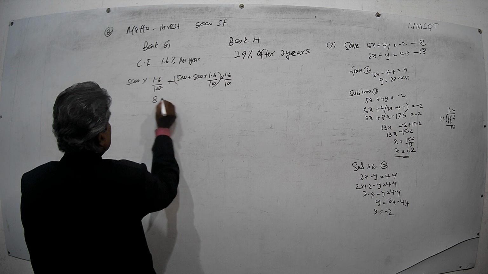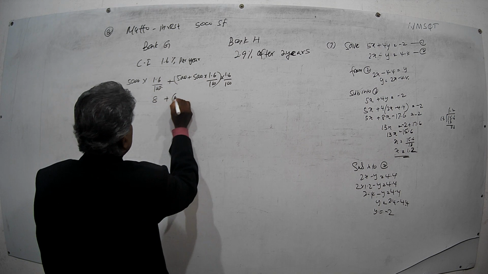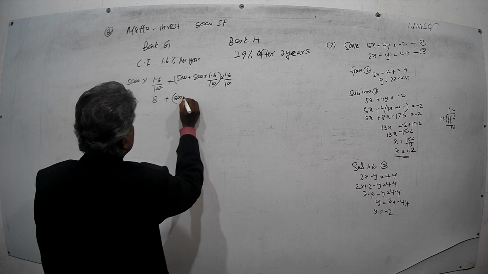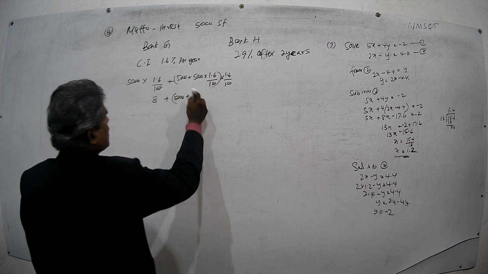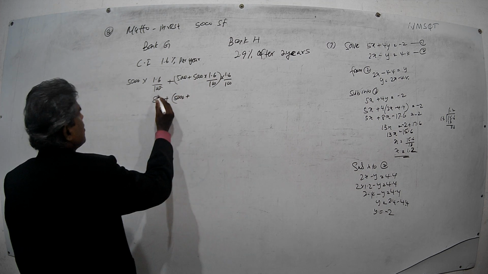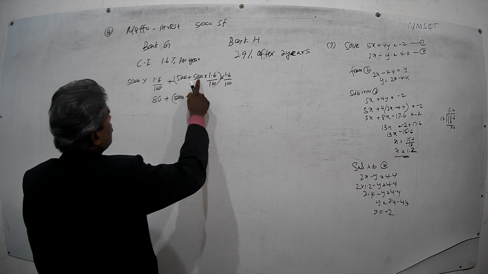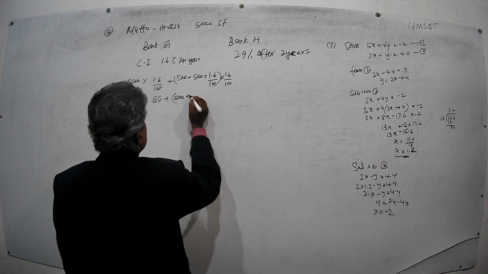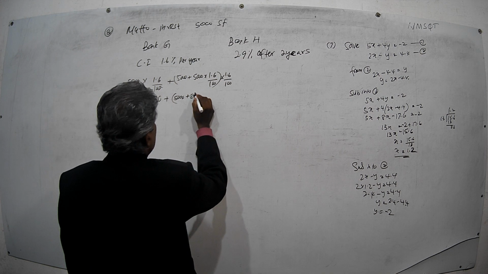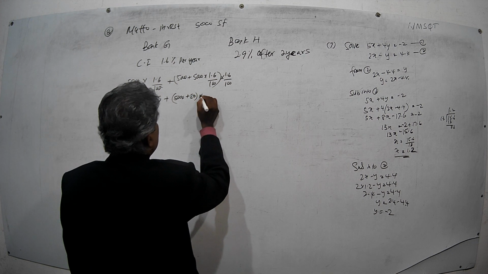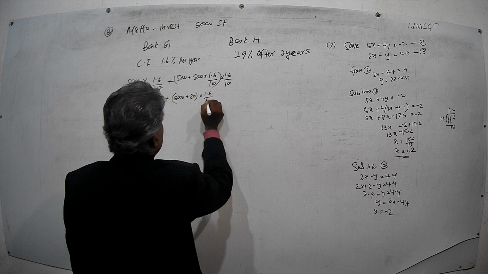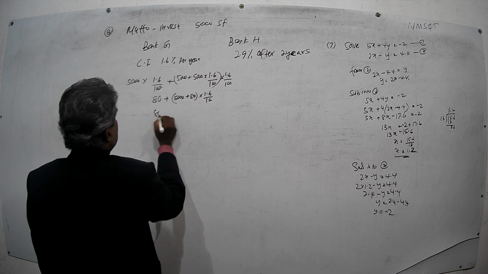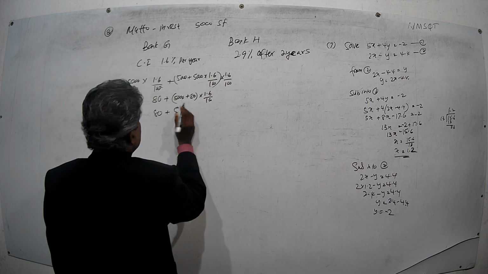This 80 plus 5,000 is 5,080. We calculated this amount, 5,000 into 1.6 over 100, that is 80. Then this whole thing into 1.6 over 100.